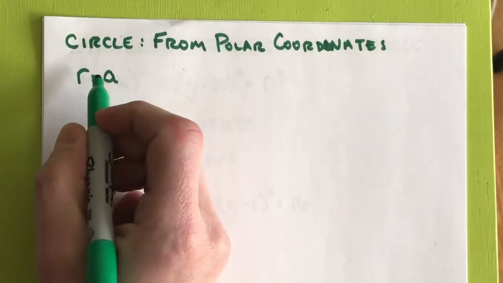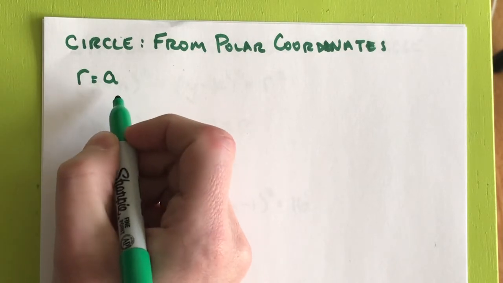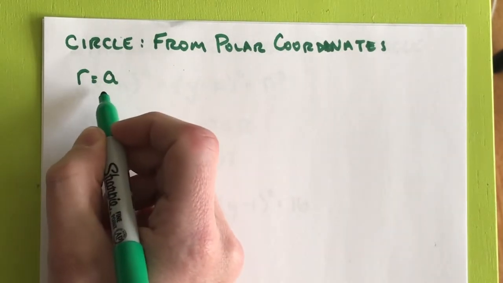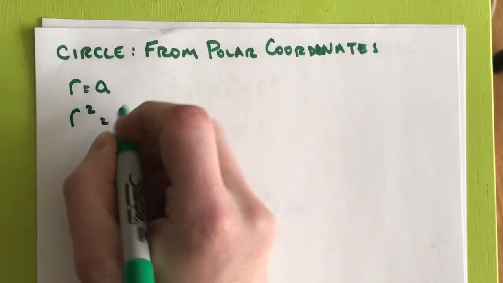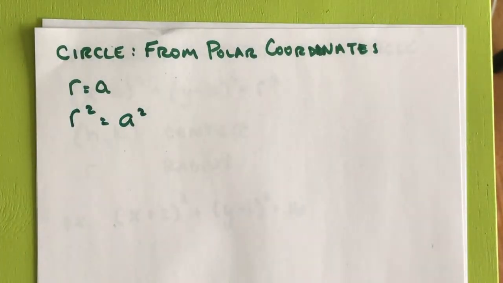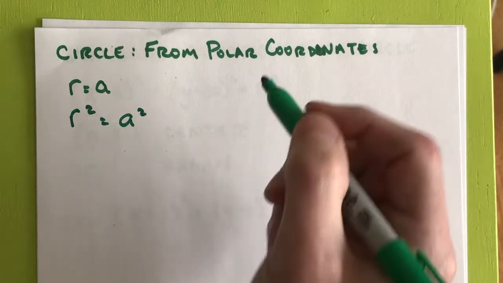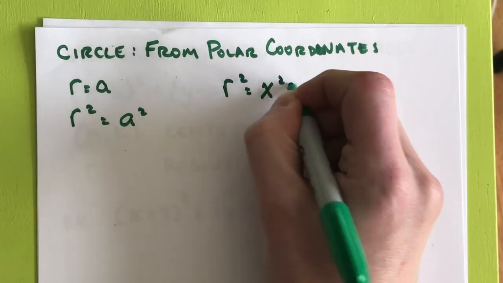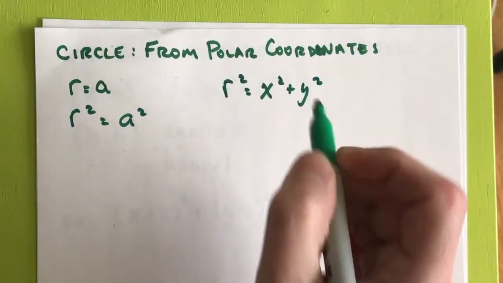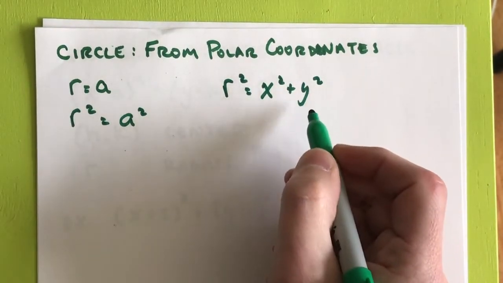Now, in polar coordinates, we switch to rectangular coordinates here with the equation of a circle. If we square both sides, that gave us r squared equals a squared. Now our substitution in polar coordinates, we know that r squared was equal to x squared plus y squared. Pythagorean theorem, unit circle.